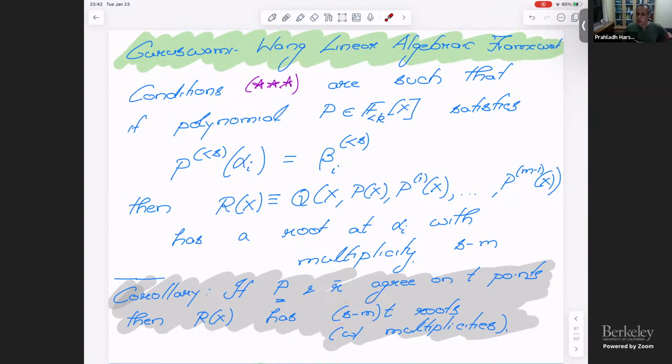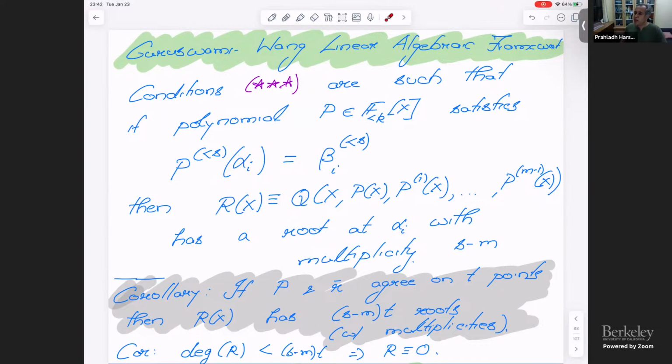In particular, if we had set the degree parameters for A and B_i such that the degree of this polynomial happens to be less than (s minus m) times t, we get that R is identically 0.